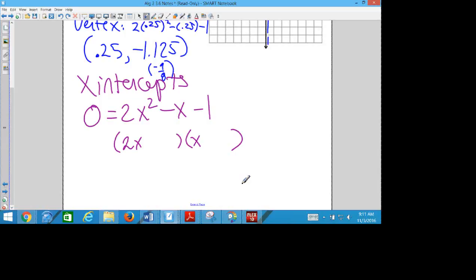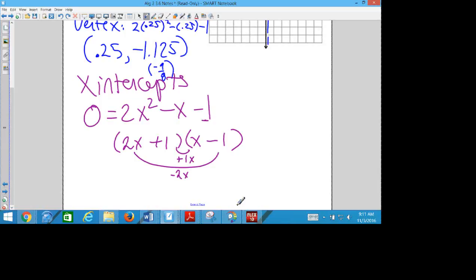What can I multiply together to give me -1? Positive 1 and -1? How am I going to get a -1 in the middle? If I have a -2x and a positive 1x, does that give me a -1x in the middle? So then I've factored it correctly.